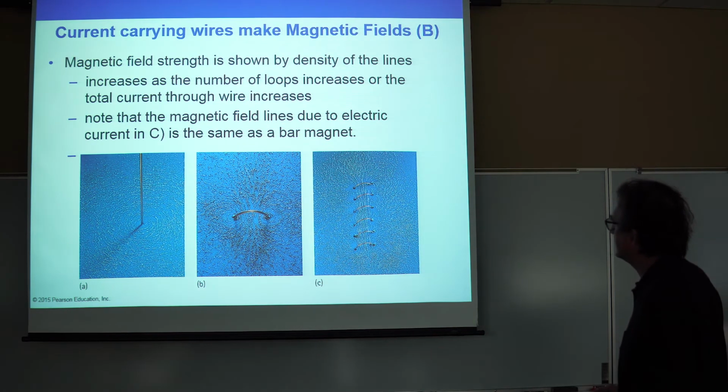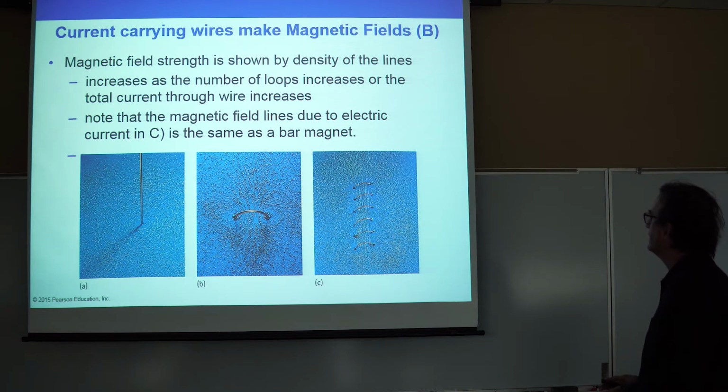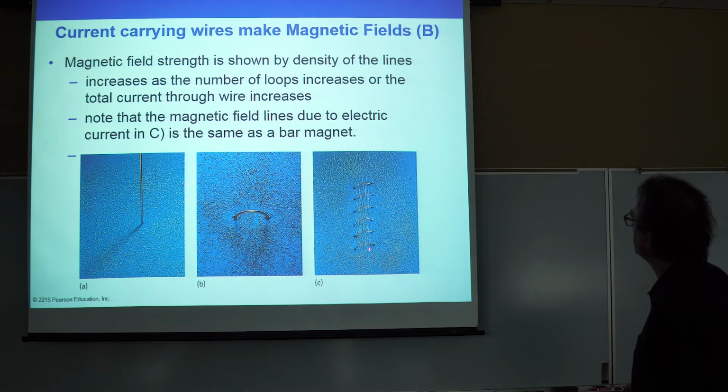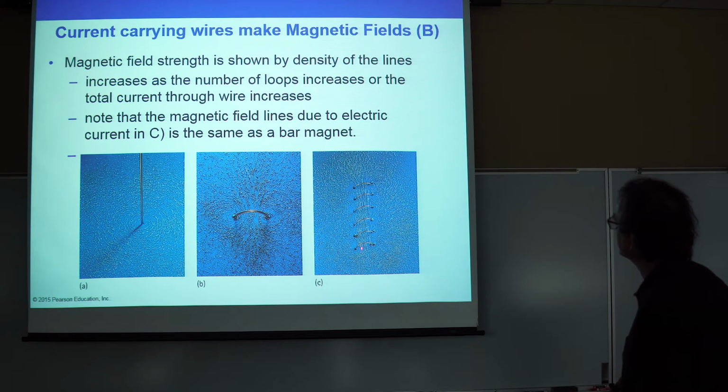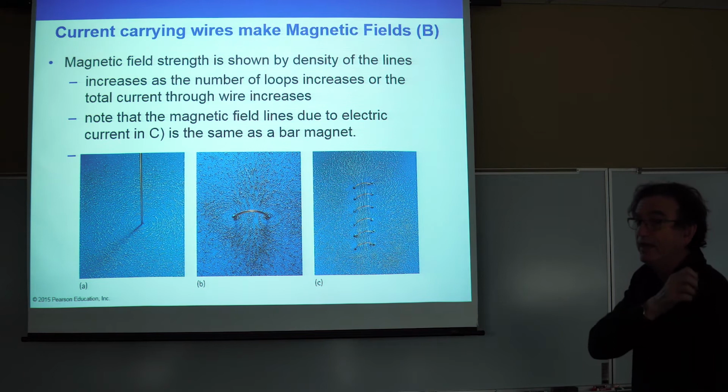Now, throwing filings on the sheet of paper, I see that the magnetic field goes in a direction that is fairly uniform in the middle of all of those loops, then diverges out the end, and then circles back into the bottom of the set of loops. So this gives you a magnetic field that looks very much like a bar magnet.